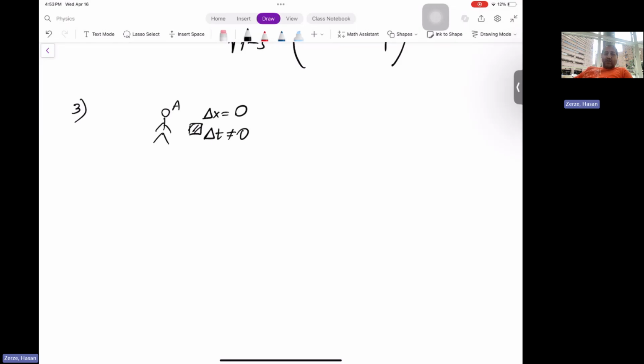So the time is ticking by, but the object is at the same location. So let's see how the observer B sees this.